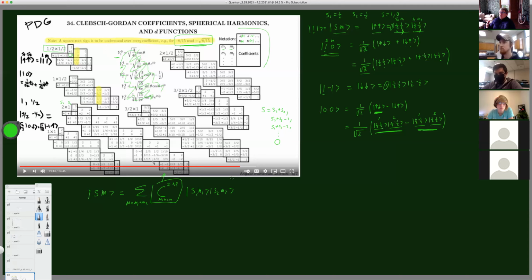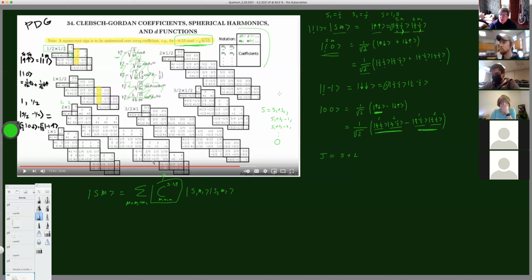So if you wanted the total angular momentum, you actually have to also use the Clebsch-Gordan coefficients. That's why this is J, because the notation J is usually used for S plus L, the spin angular momentum plus orbital angular momentum.